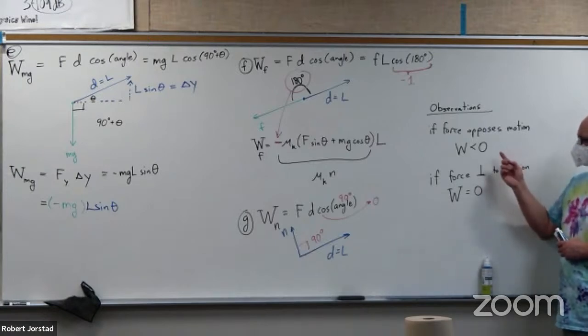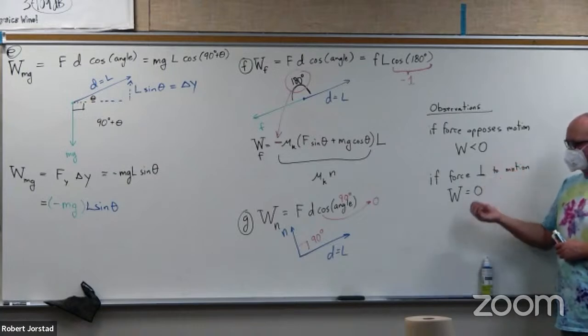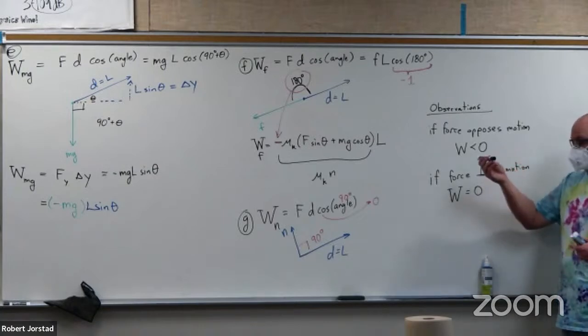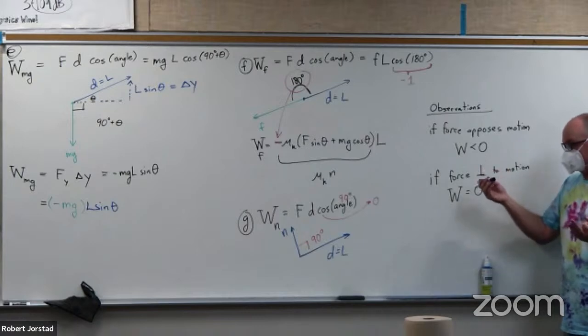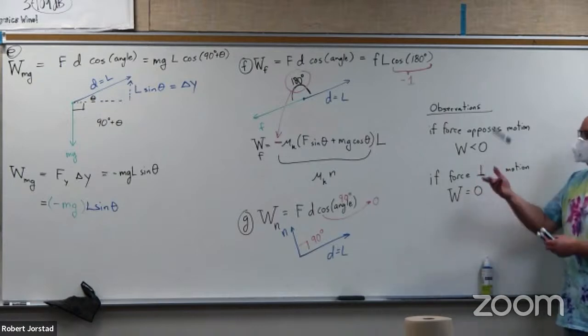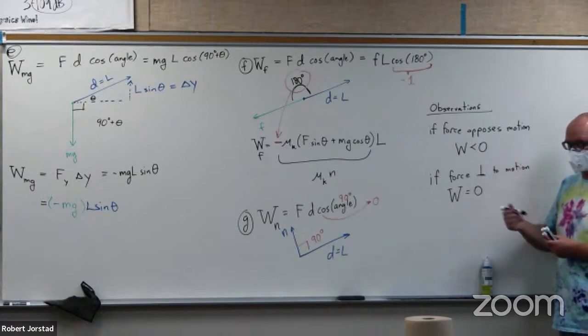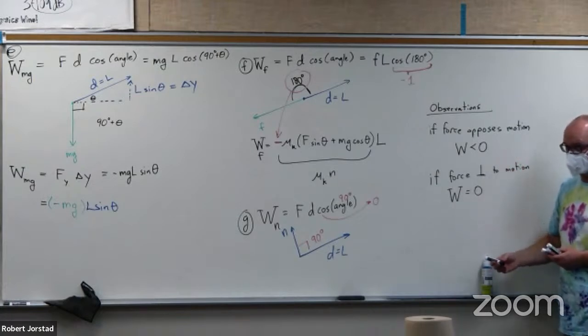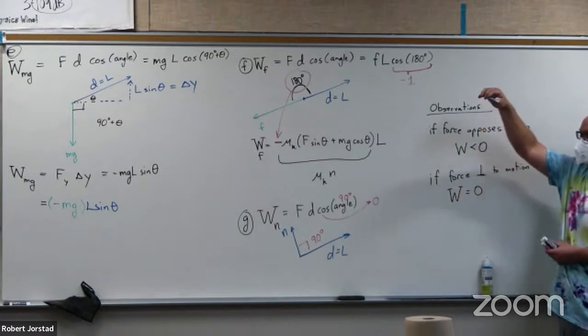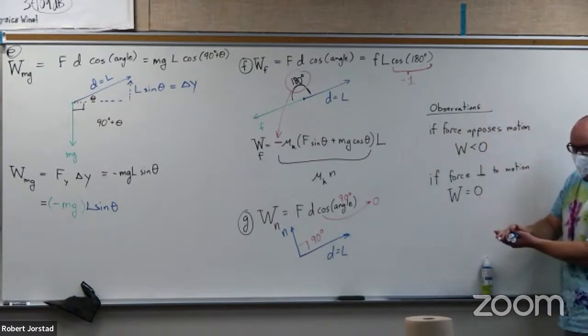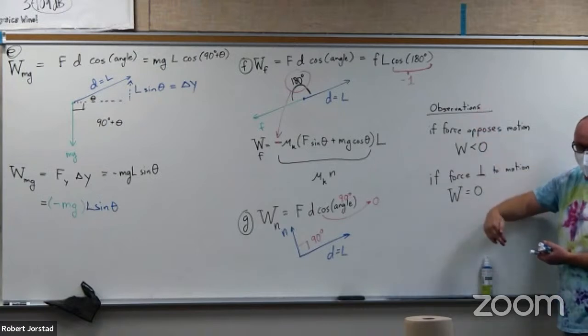Okay, and the other one is, think about this. If you're throwing a ball up in the air, does gravity help the ball go up or does it oppose that motion? As you throw a ball up in the air, it opposes that motion. So gravity would do negative work on the ball as it's going up. Now, what if I drop a ball? Gravity helps it go downwards.